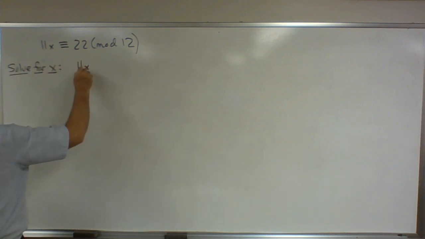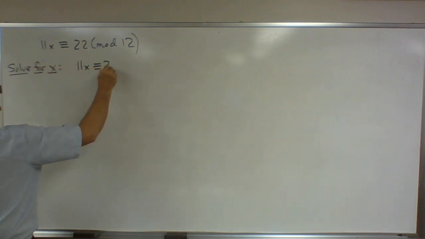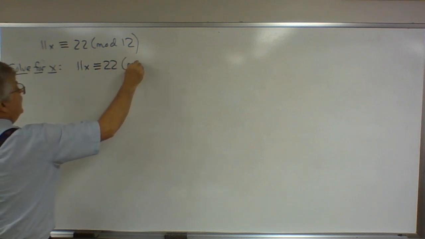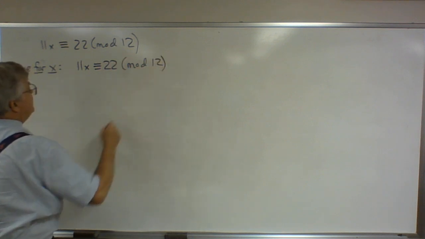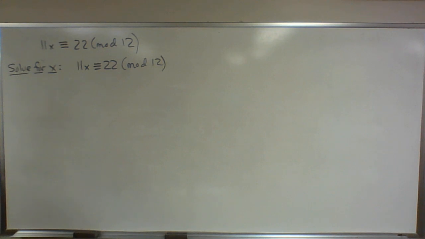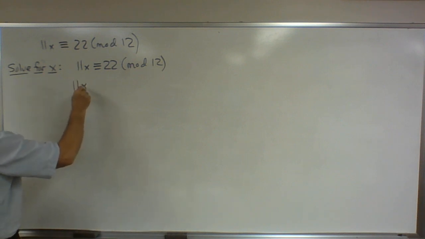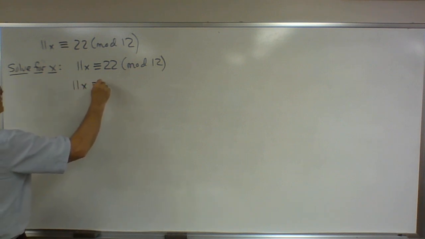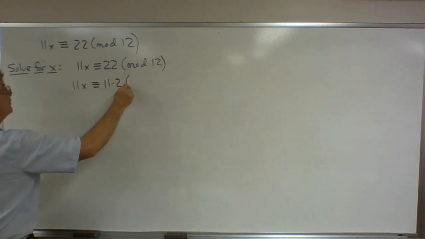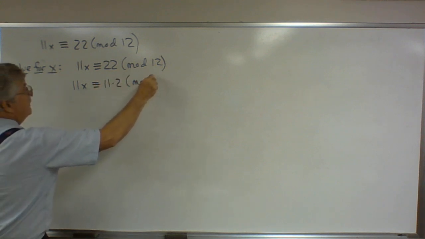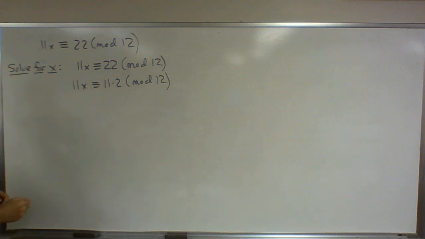We have 11x is congruent to 22 mod 12. That's essentially the same as 11x congruent to 11 times 2 mod 12.